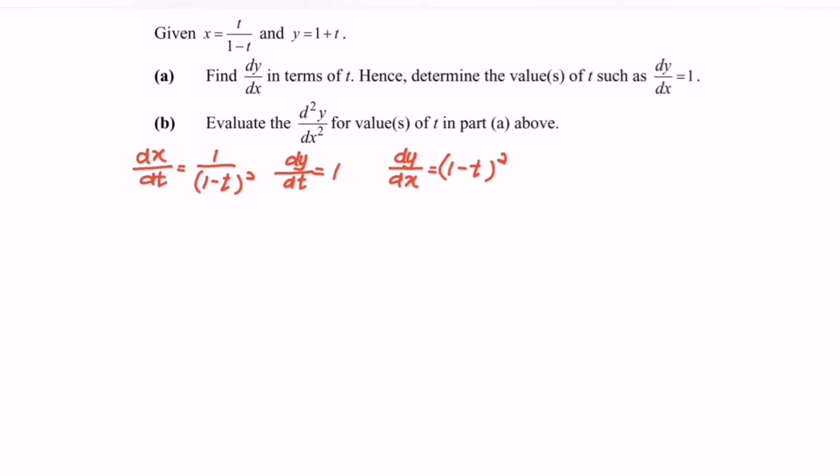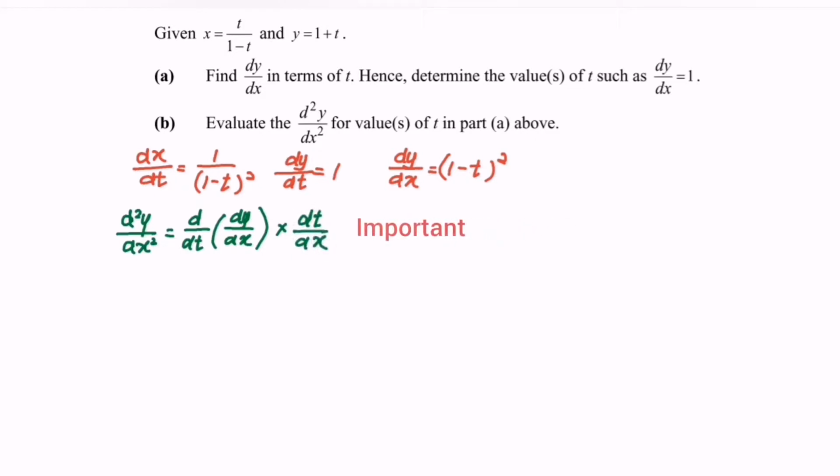The formula for the second derivative is: differentiate dy/dx with respect to t, then multiply with dt/dx. So now we are going to differentiate dy/dx with respect to t.